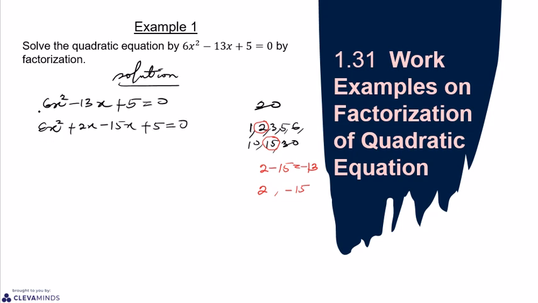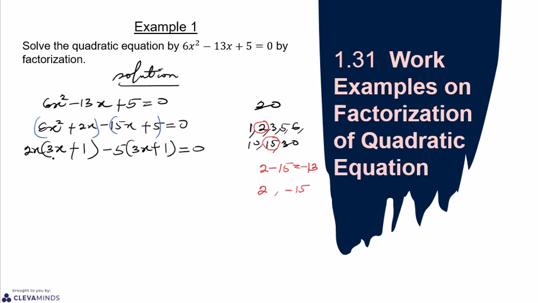Again, we factor out each expression. So we have 2x into 3x plus 1. Then minus 5 is common into 3x plus 1 equals 0.